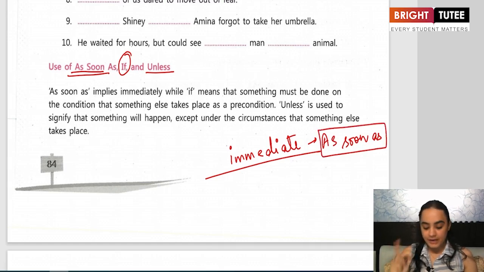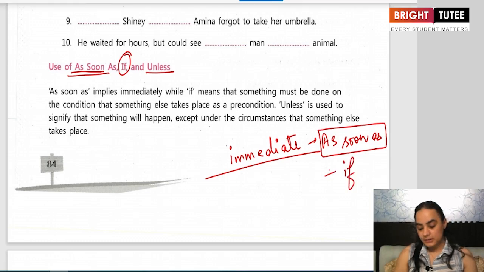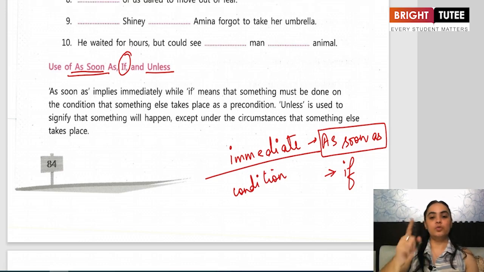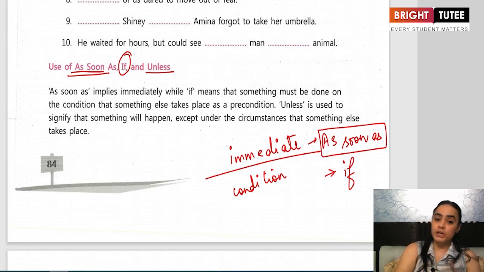Then we have if. If is always used when there is a condition that you wish to place on something. I will help you if you listen to me. There is a condition. I will help you on the condition that you will listen to me.